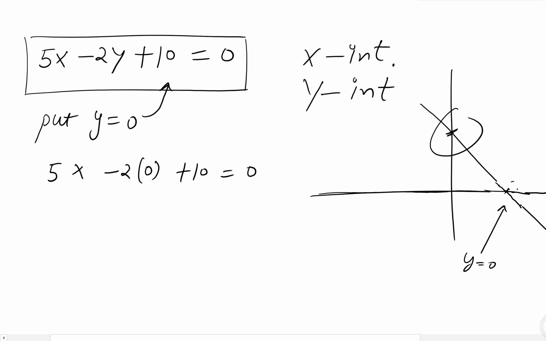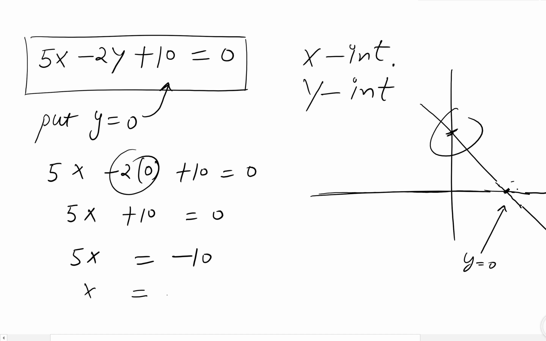Now isolate the x value because that's what we have to find. This is 0, so I have 5x plus 10 equals 0. Now 5x equals minus 10. And I divide both sides by 5. That cancels out and I got negative 2. So my x-intercept is minus 2.